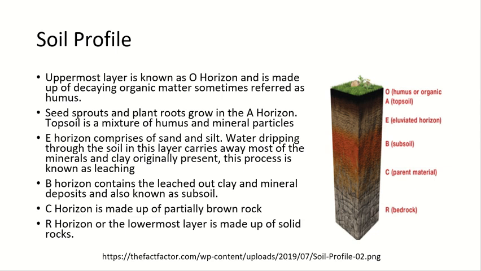The B layer or B horizon is known as subsoil. It contains the leached out clay and mineral deposits. The C horizon is known as parent material, and it is partially made up of broken rocks. The R horizon is the lowermost layer and it is made up of solid rocks. So it is also known as bedrock.